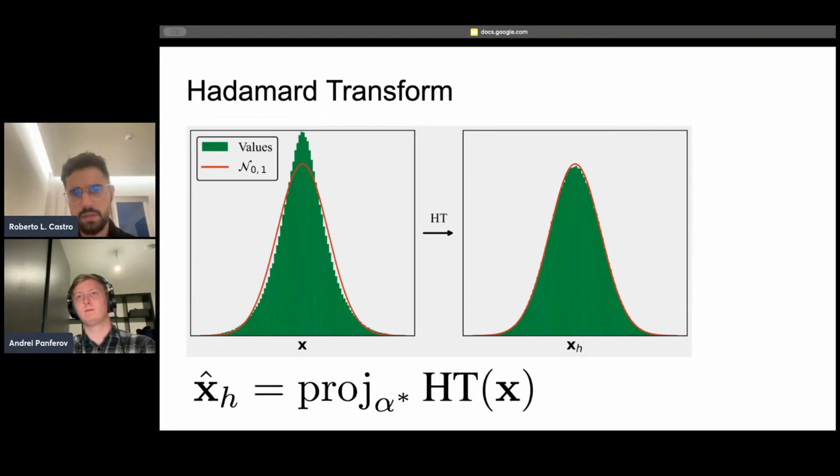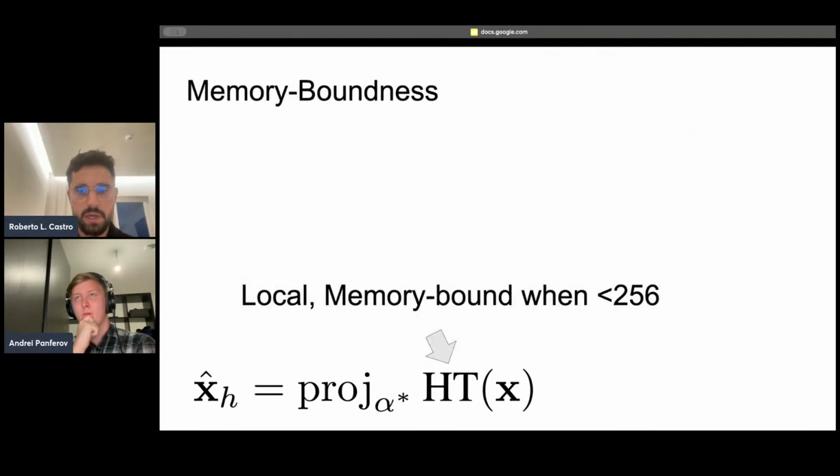The Hadamard transform behaves as this normalization that Andrei just described. If we focus on this Hadamard transformation, its size is critical for runtime. When the Hadamard size is less than 256, the problem to solve is memory bound.